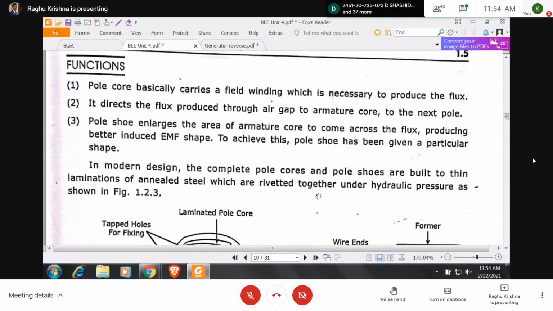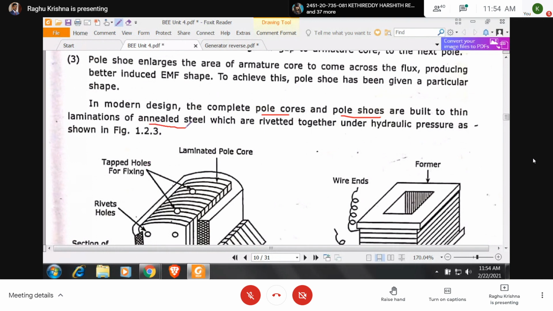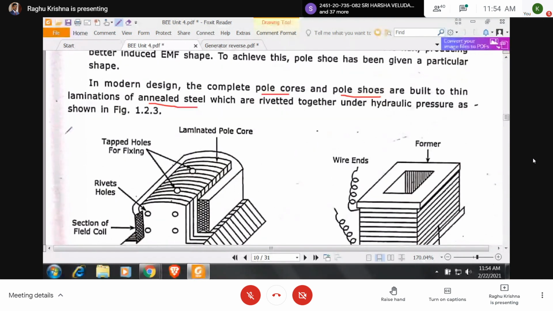In modern design, the complete pole core and pole shoes are built with thin laminations of annealed steel, which are riveted together under hydraulic pressure as shown here.